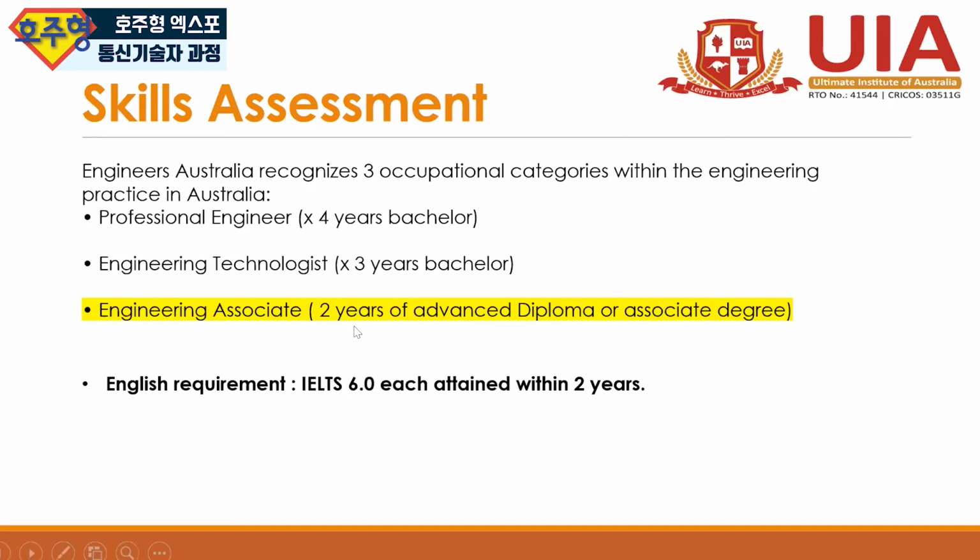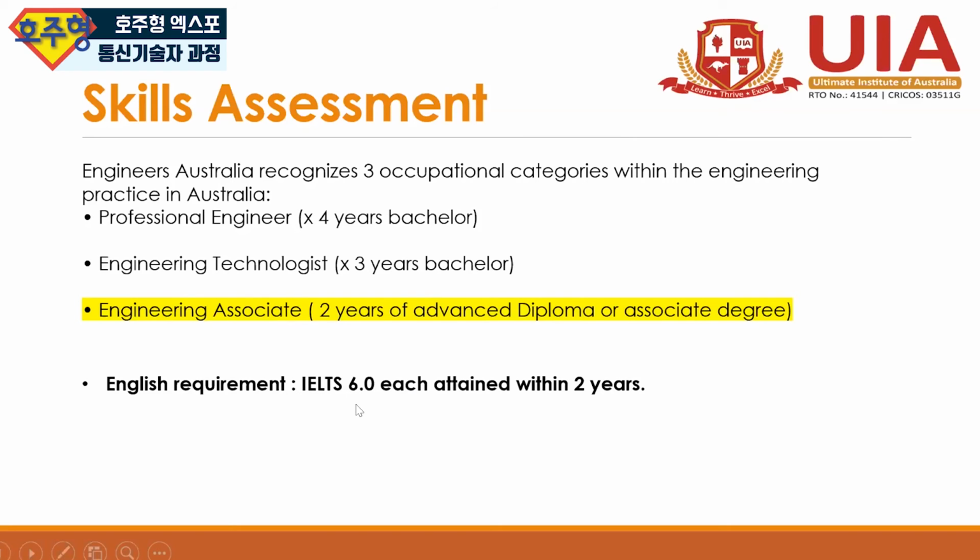But we created pathways, so that is our justification. We got approval based on the pathways. This requires 6 each in IELTS or PTE or any equivalent test. To get skills assessment, we need an English score.